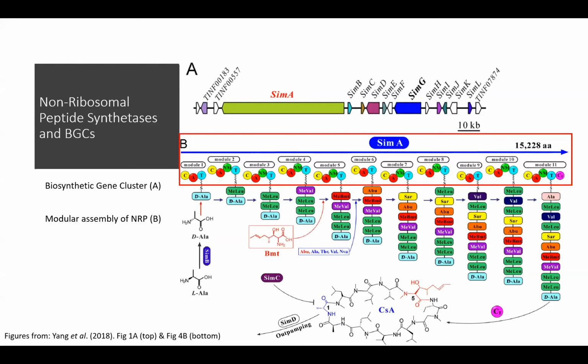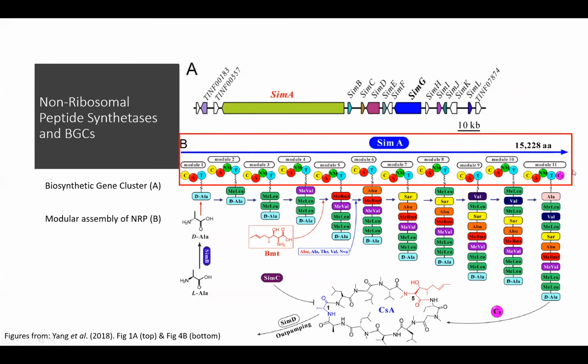In this example, as there are 11 of these modules, you have an 11 amino acid backbone that then can be cyclized and turned into the final cyclosporin product. So these different domains: the adenylation domain is responsible for recognizing and activating specific amino acids. The thiolation domain then covalently links that amino acid to the enzyme, and then the condensation domain links the amino acids together to grow the amino acid chain.